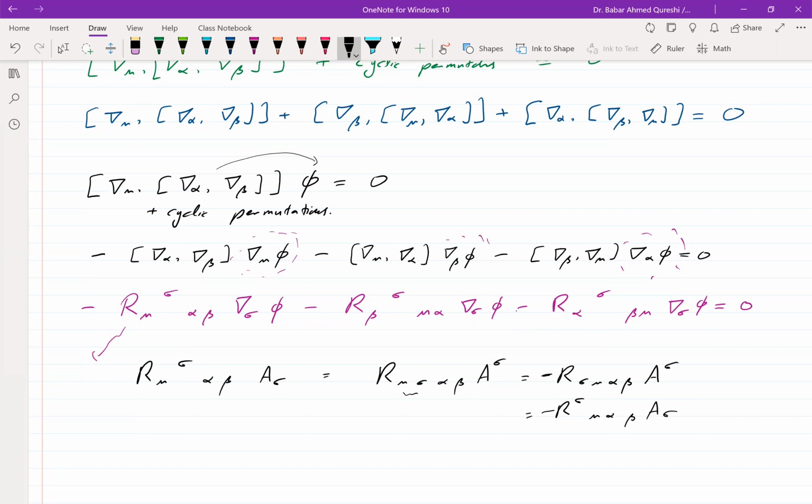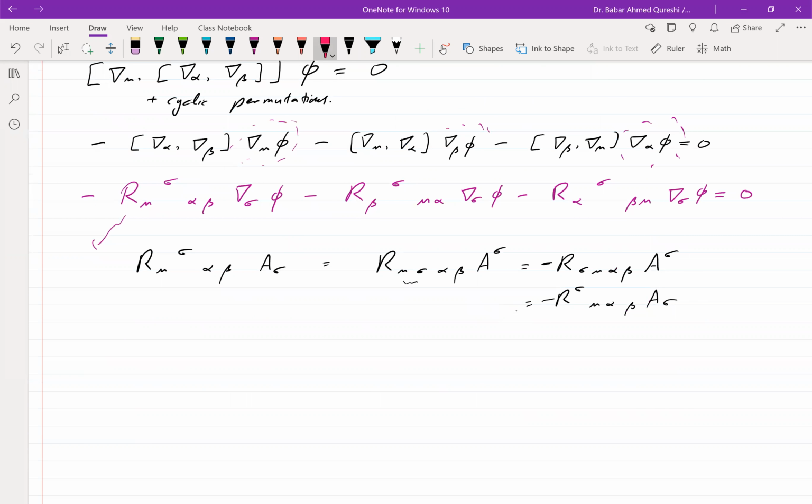So that means that the action of the commutator, d alpha beta on a one-form a mu, can also be written as minus. You can keep the summation on the first index, just like before. But if you keep it on the first index, you get a minus sign.